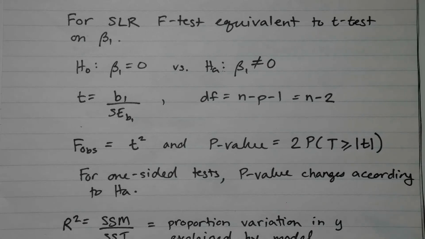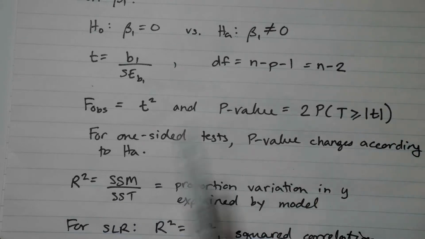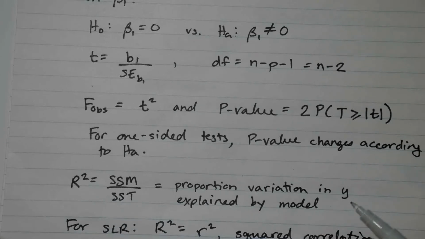If you look at your ANOVA table, you could also take the ratio of the sum of squares model over the sum of squares total. And this ratio gives us what's known as the R-squared value. The R-squared value tells us what proportion of the variation in our response y can be explained or attributed to our regression model.